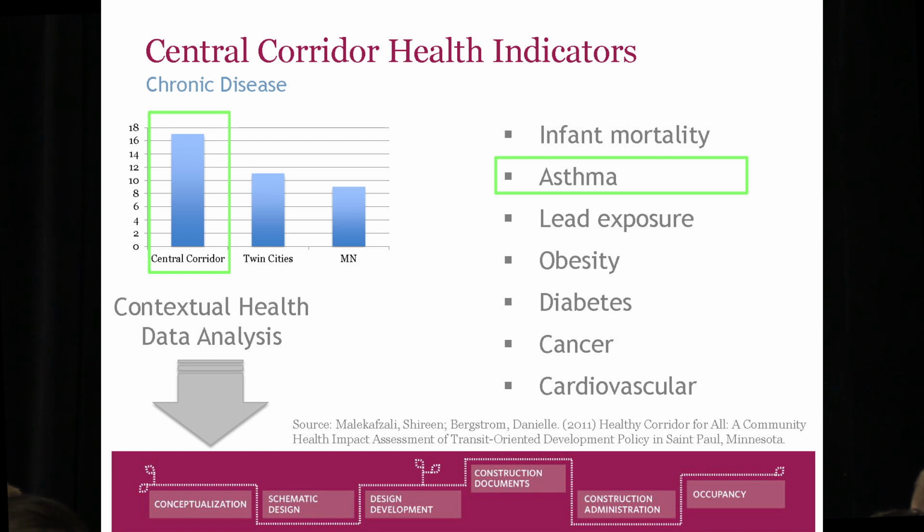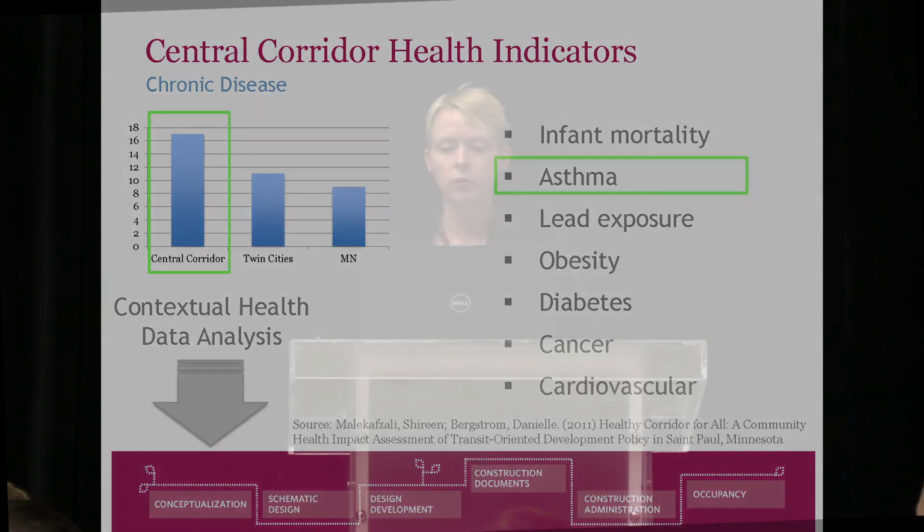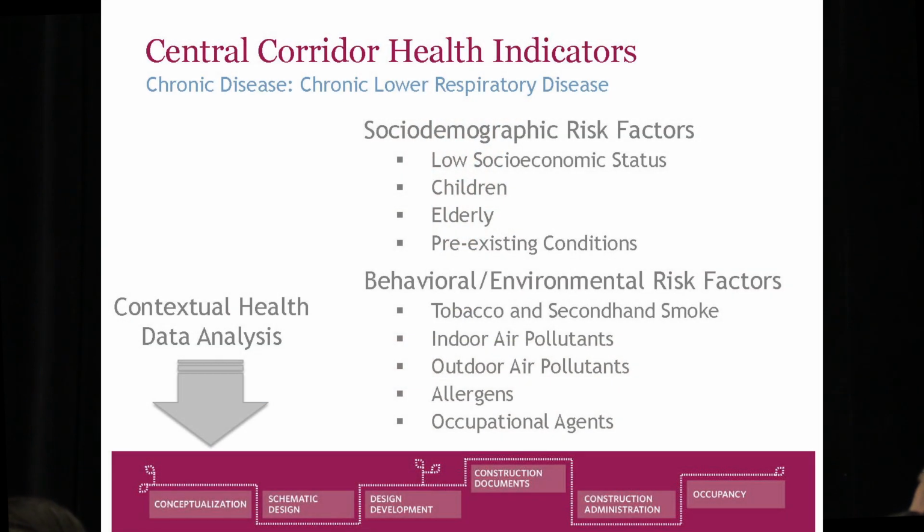So what are the sociodemographic risk factors for chronic lower respiratory disease? First would be low socioeconomic status, which is basically people living in poverty, people of color who are subject to structural racism and structural situations that give them fewer opportunities for living and education, et cetera, and keep them in this cycle of poverty.